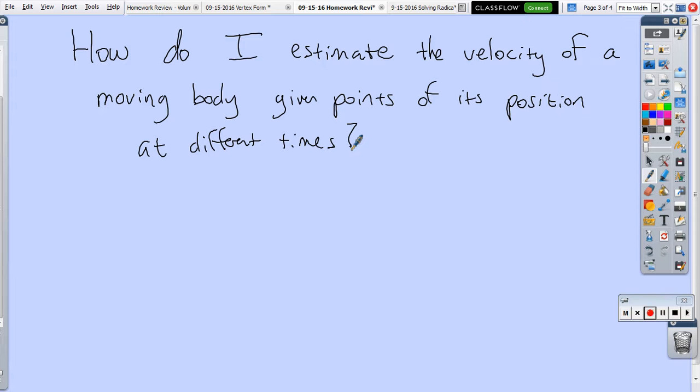Square inches over inch. Very good. For part C, the rate of change of A at s equals 2 is root 3, and at s equals 10 it is 5 root 3.